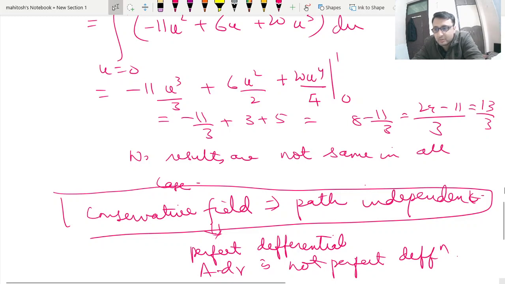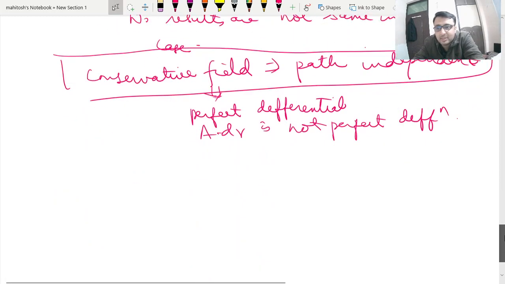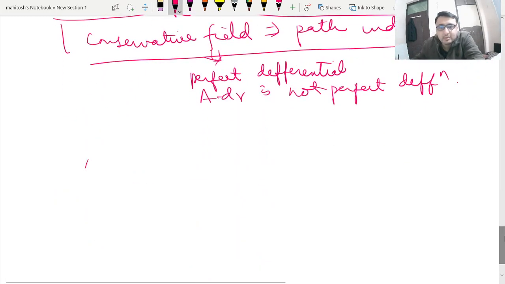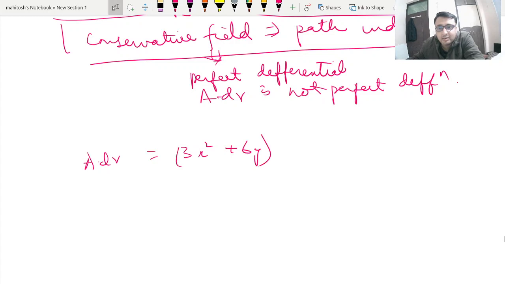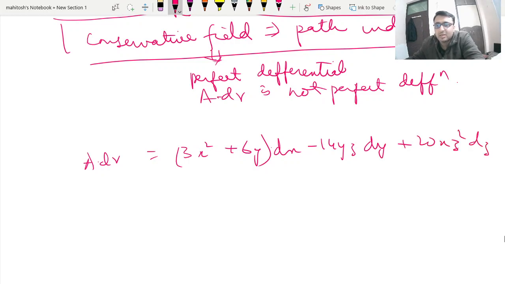We will look into it: if we can club A dot dr, and we can see this is your 3x square plus 6y dx minus 14yz dy plus 20xz squared dz. Now there are 4 terms, so we can separate this, that's not a problem. This also is not done.